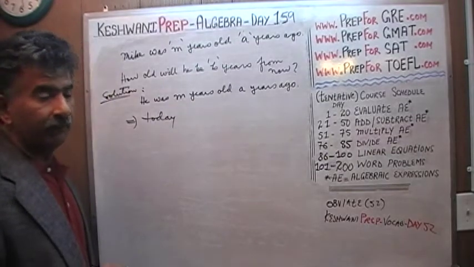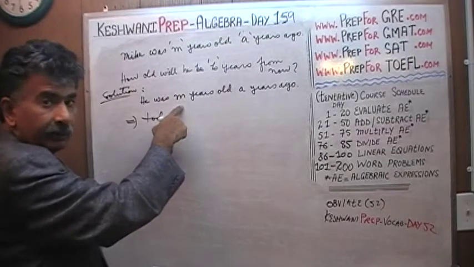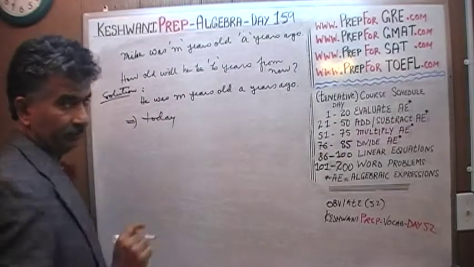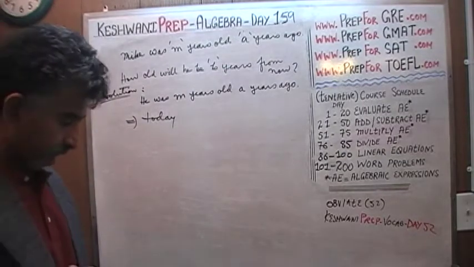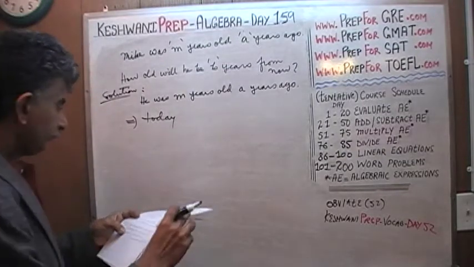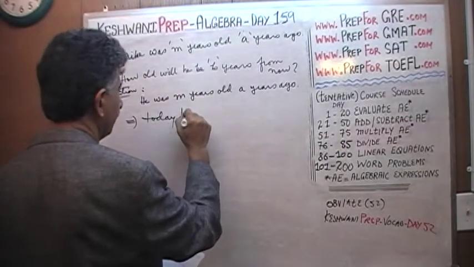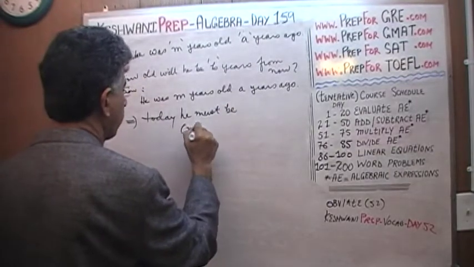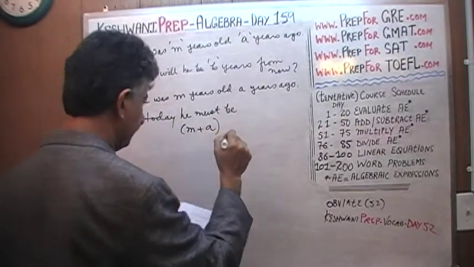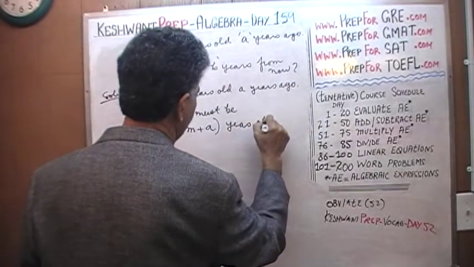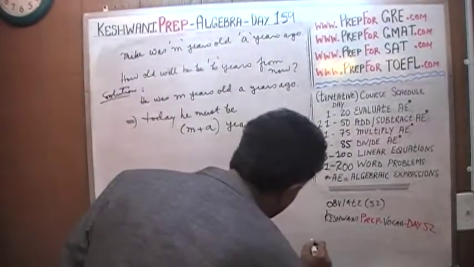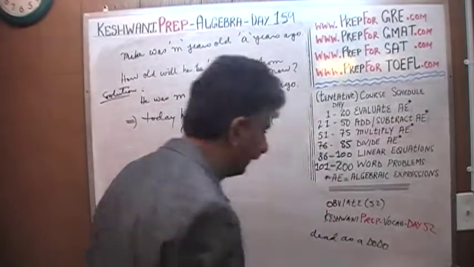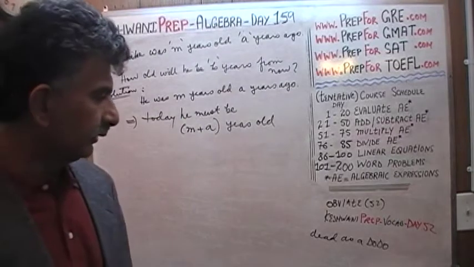If he was 70 years old 10 years ago, then today he must be 70 plus 10, or there is a dodo, one or the other. So today he must be M plus A years old. The expression that I just used was, there is a dodo, for those of you who are not familiar with this expression.